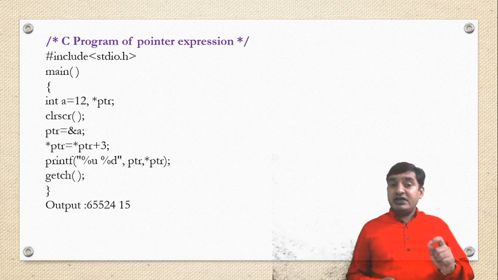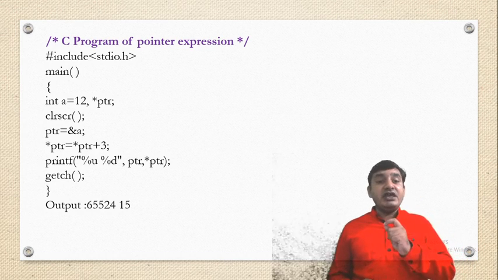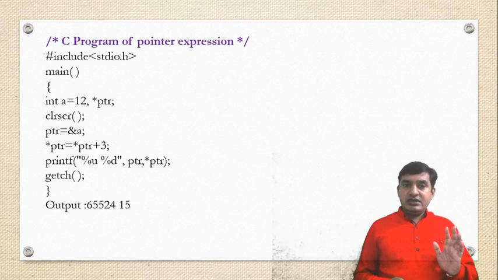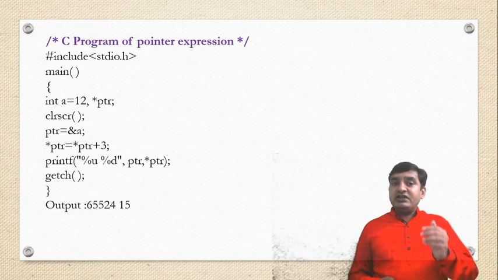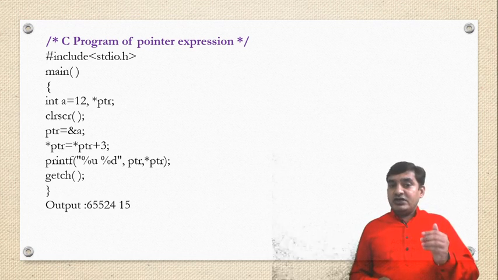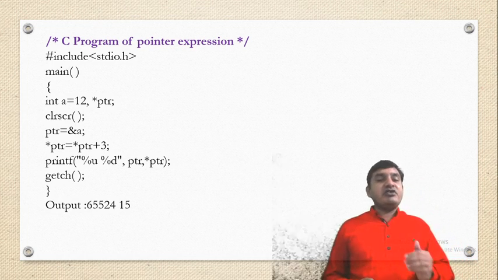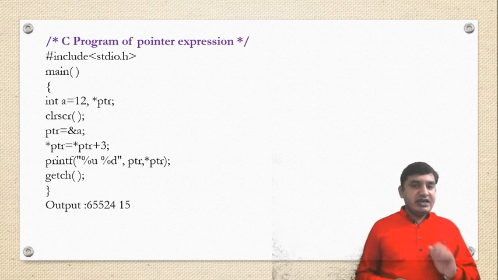Pointer is equal to address of a, so it displays the address 65524. This is the address.